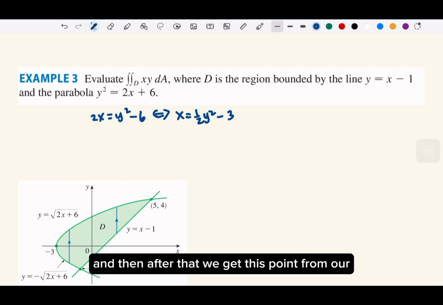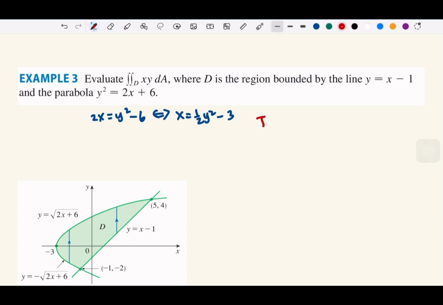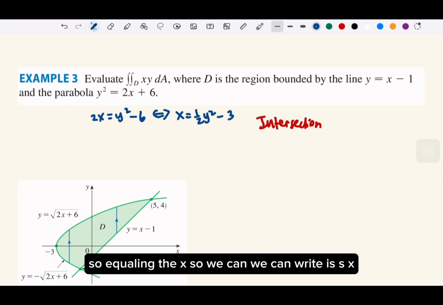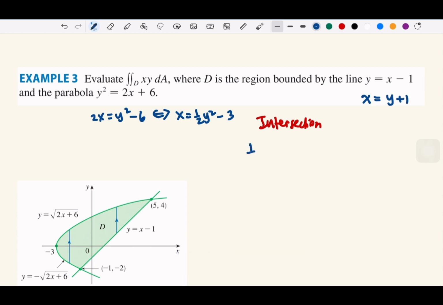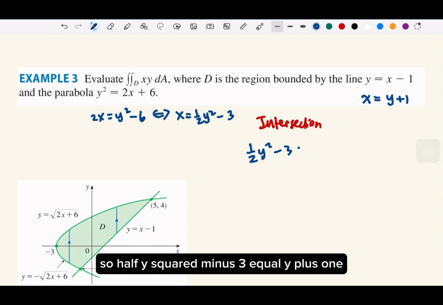And then after that, we get this point from equating the line and the parabola. Okay. So find the intersection. So again, the intersection. Equating the x, we can write it as x equals y plus 1. So we can equate x. So half y squared minus 3 equals y plus 1.